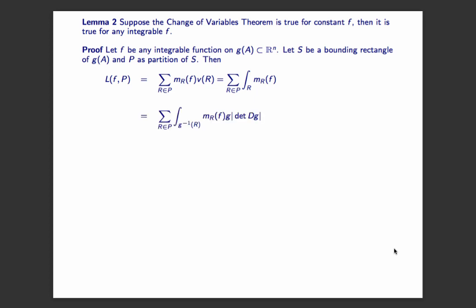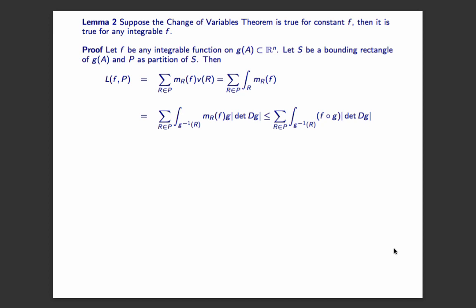Now here's where we use the fact that we're assuming the change of variables theorem is true for a constant f, and m_R of f is constant. So if we just apply the change of variables theorem, we get the sum of the integral over g inverse of each of these subrectangles times the infimum of f over the subrectangle times the determinant of the derivative of g.